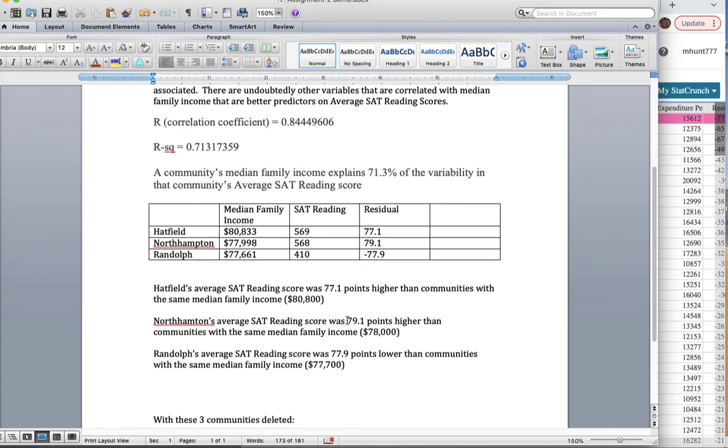Their scores were 79.1 points higher than communities that had that same median family income, which was about $78,000. Randolph, on the other hand, is not doing that well. It is 77.9 points lower than communities with the same median family income, which is about $77,700. And as you can see, Randolph's SAT reading score was quite low.